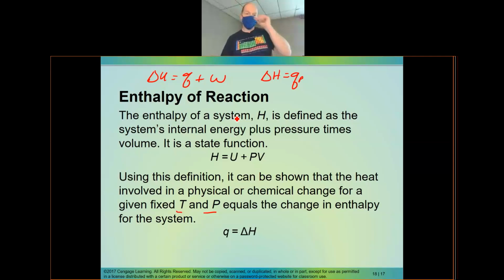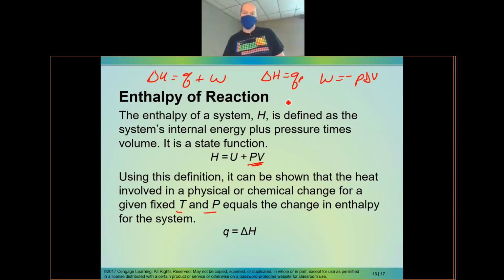All right, and so we can put in a delta H for the Q position. And then the work, again, is equal to negative P delta V. At constant pressure, the pressure is staying the same, and we are changing the volume.